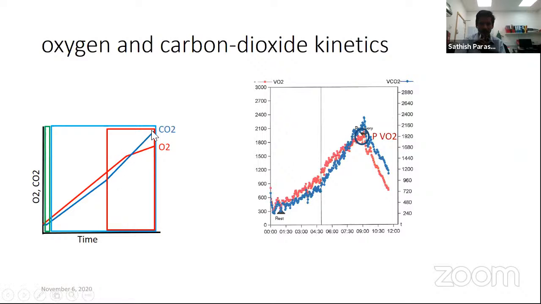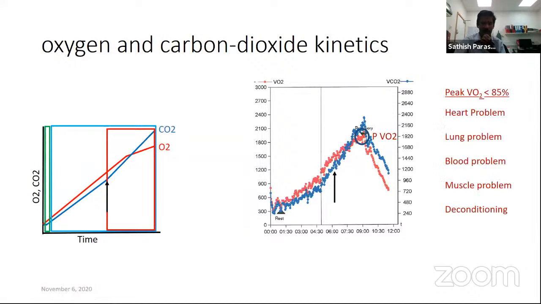And then at the peak exercise, the carbon dioxide production exceeds the oxygen consumption. So this point is the anaerobic metabolism point, where the anaerobic metabolism starts. Again, in this graph and the real life graph, it's probably this point where the two lines start converging. This is the anaerobic threshold.